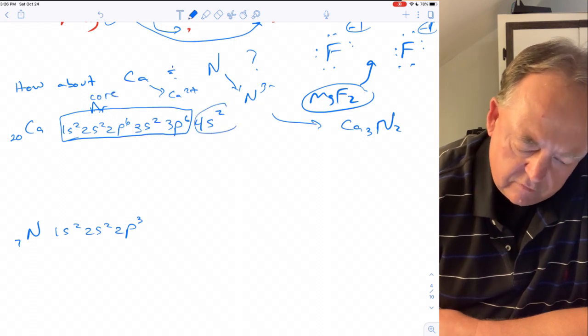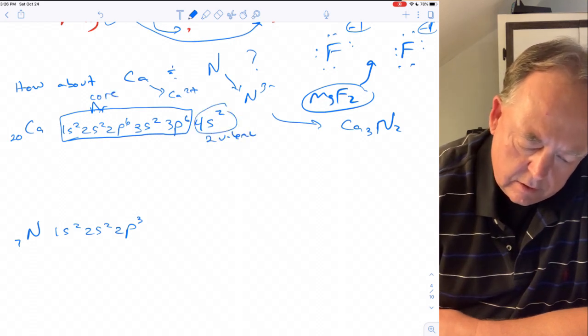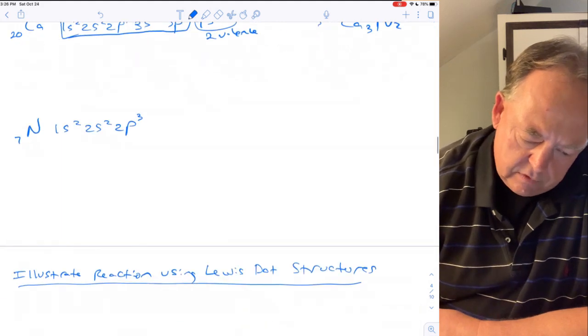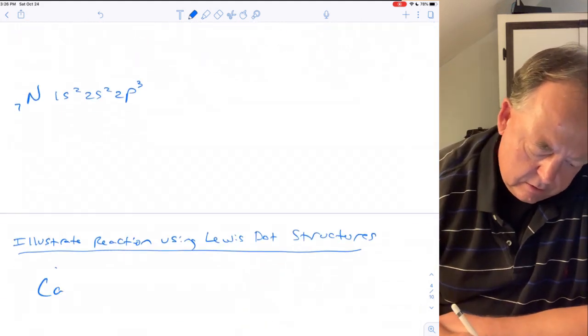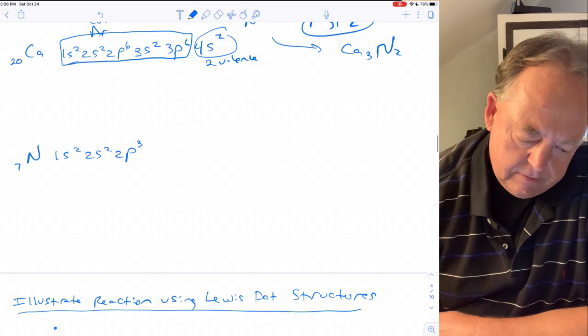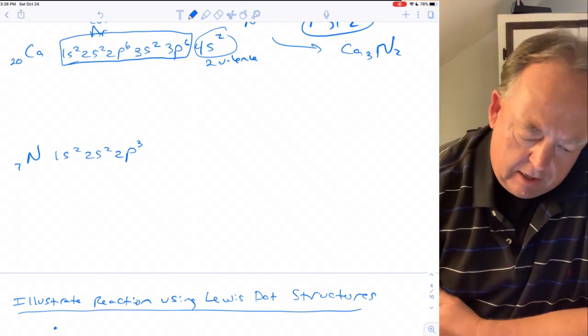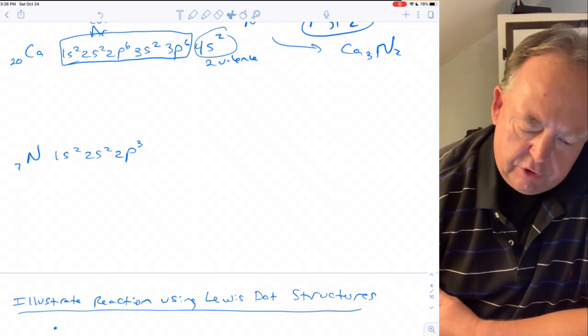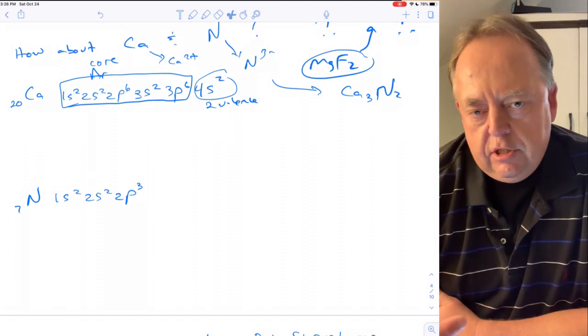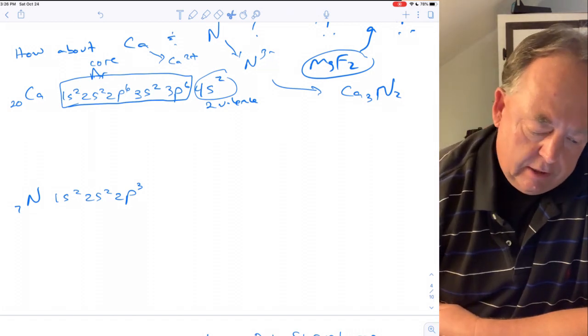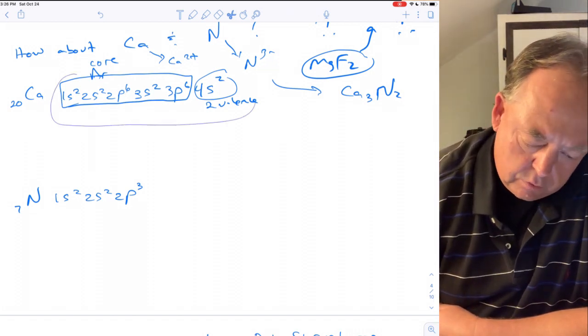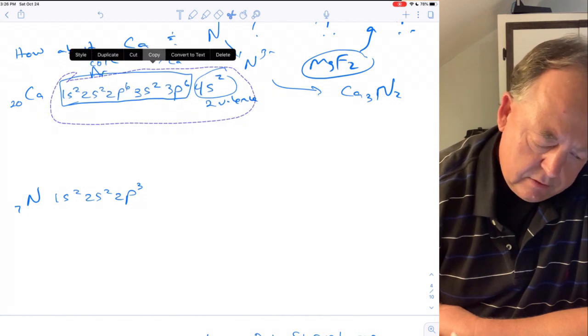So in order for this reaction to work, calcium, that's its core electrons, argon, and so it only has 2 valence electrons, right? But you're going to need 3 of these because you need 6 electrons, because each nitrogen wants to gain 3 electrons.